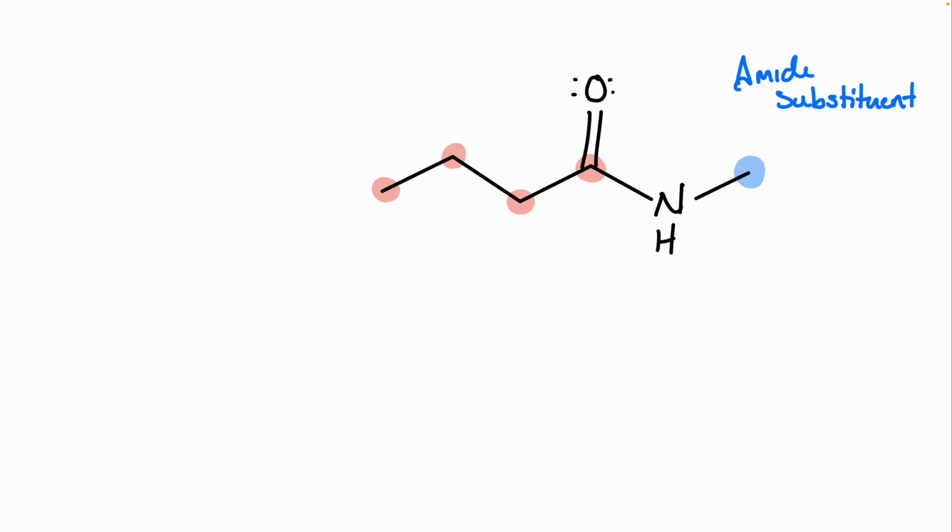Well, for nitrogen, when it's on the nitrogen here, I'm not going to give it a number. Instead, I'm going to indicate its position with an N, and I'm going to treat it just like a number in my name. So the name for this molecule here would be N-methylbutanamide.